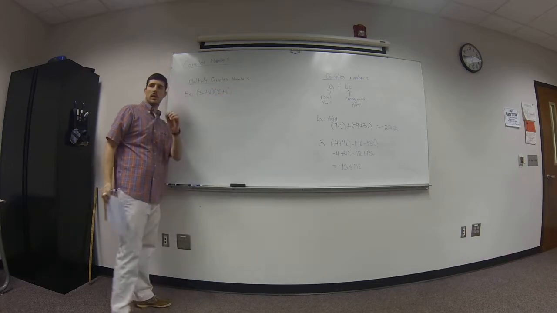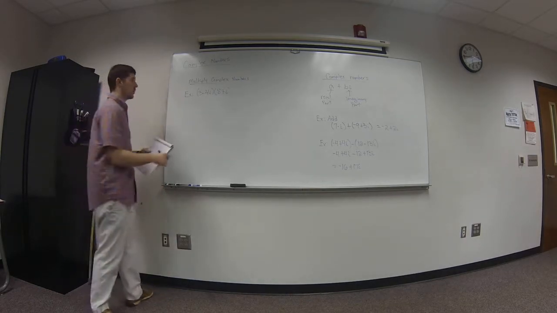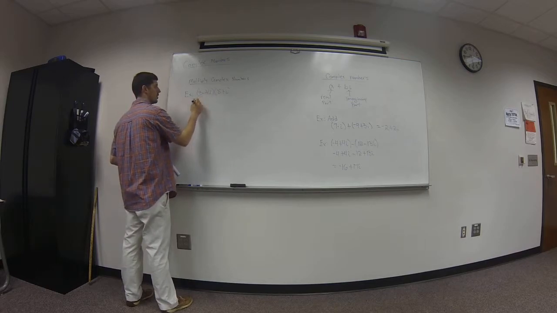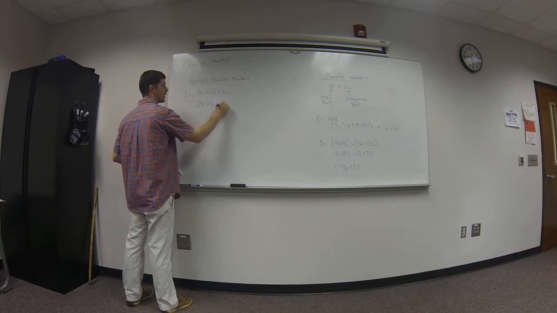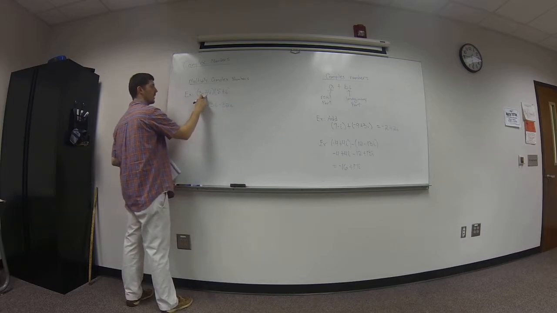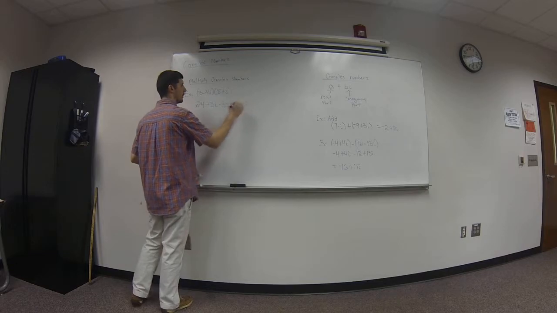Notice we have two binomials, so to multiply those, we're going to FOIL. First times first is positive 24. Outer, 3 times i, is plus 3i. Inner, negative 4i times 8 is minus 32i. And last, negative 4i times i is negative 4i squared.